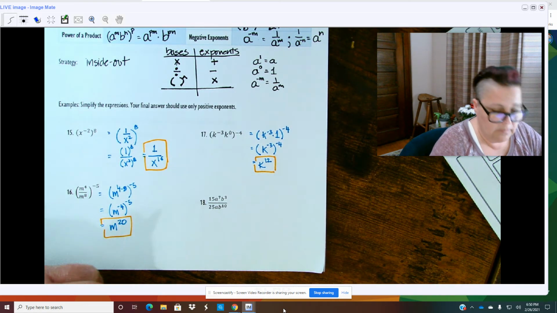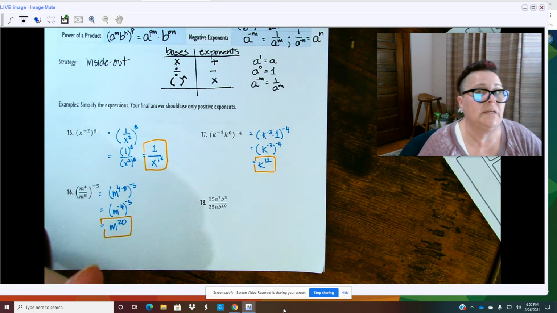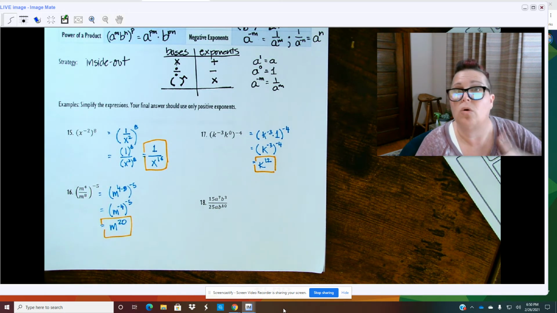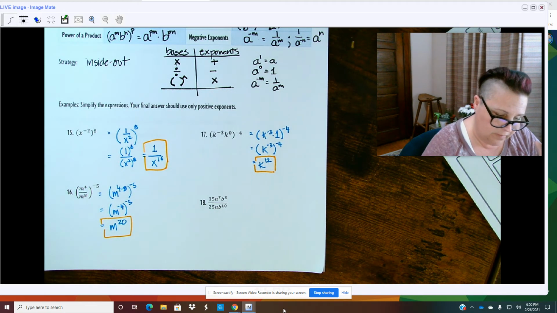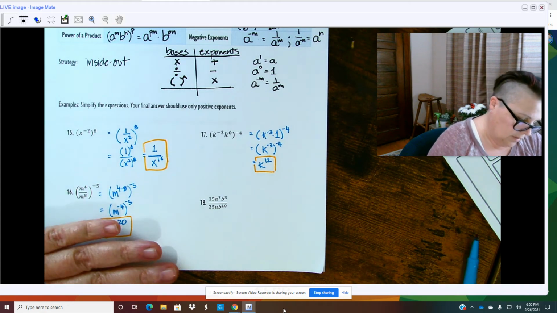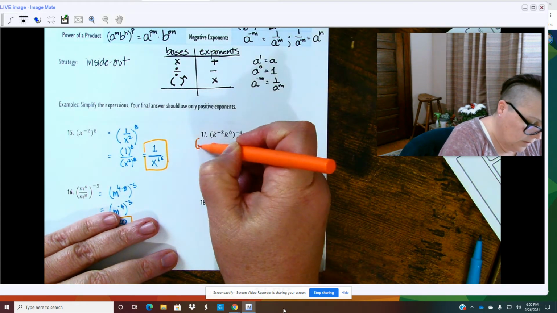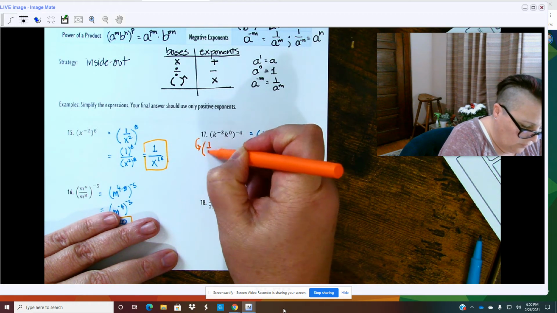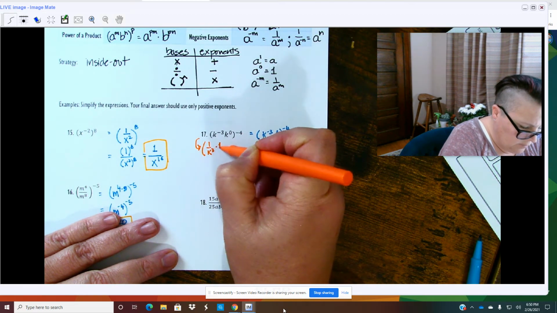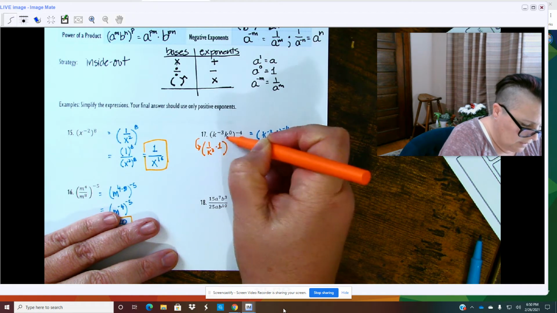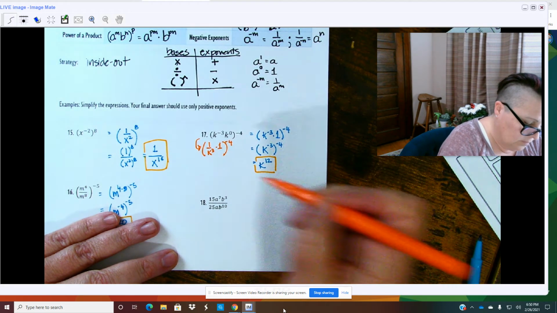Okay. Now, is that the only way to do this problem? No. And if you don't want to know the other way, fast forward through this next bit. Okay. So the other way that you might do this problem is to write this as 1 over k to the 3rd times 1, because k to the 0 is 1, to the negative 4th.